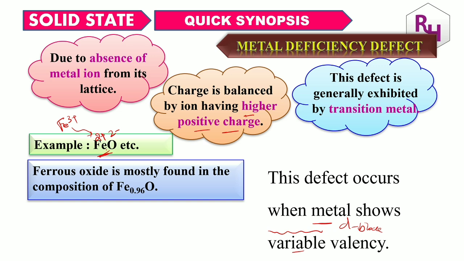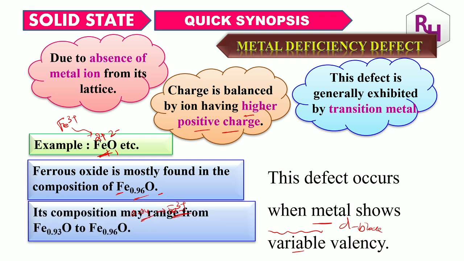The composition, here it is 1:1, becomes 0.96:1, which means 0.04 is about what? It is for Fe3+ ions. So like this, remember, Fe3+ is replacing some of the Fe2+ ions, resulting in metal deficiency defect. So its composition may range from 0.93 to 0.96.